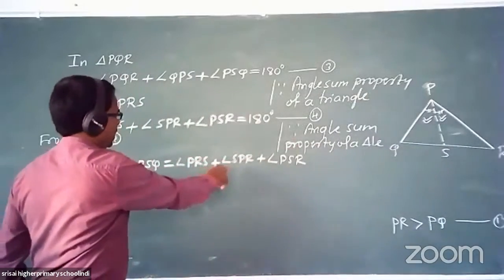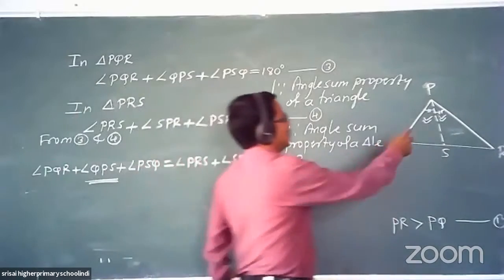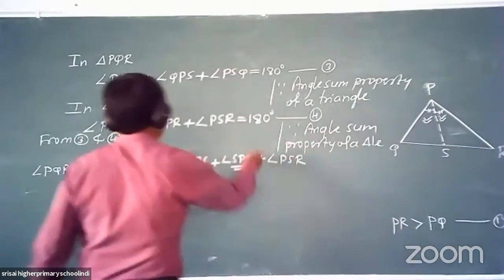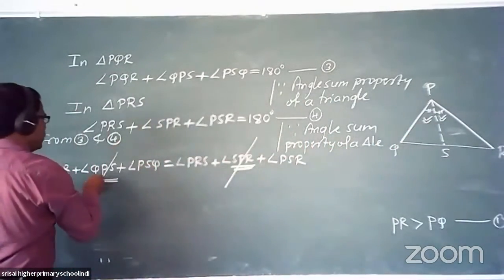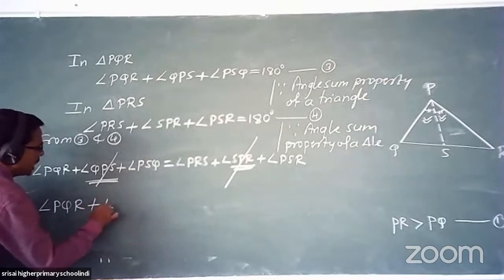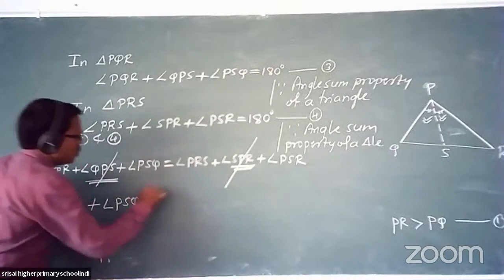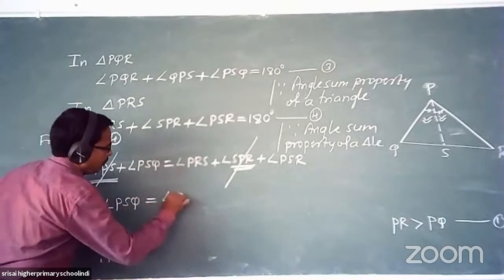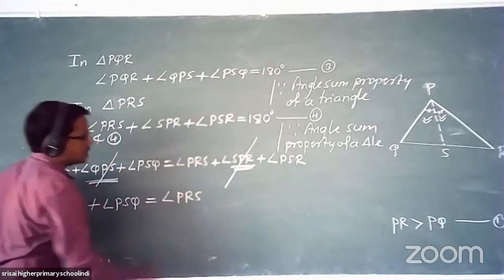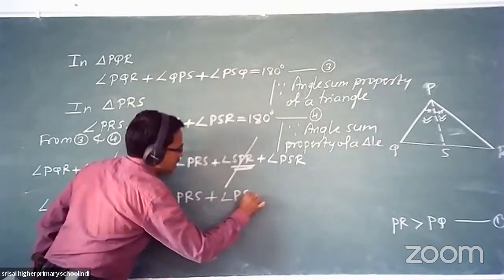Where is SPR? Here. These two are equal. From both sides we shall cancel these two. What is remaining? Angle PQR plus angle PSQ equals angle PRS plus angle PSR.